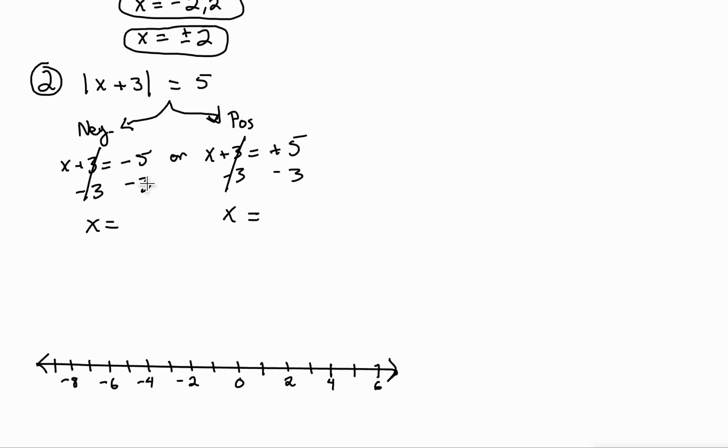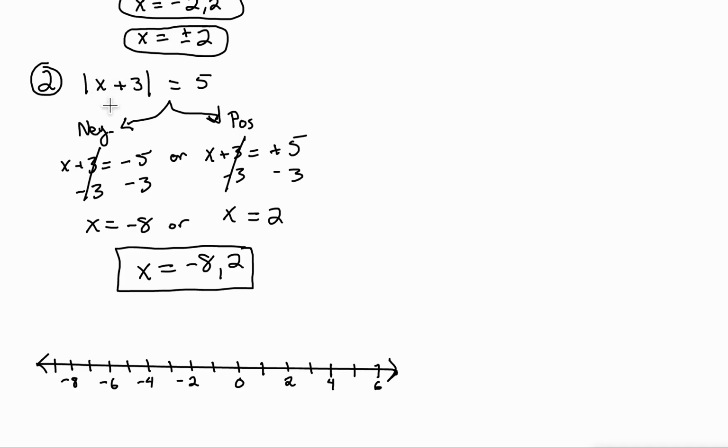Negative 5 minus 3 is negative 8, or 5 minus 3 is 2. So our solutions are x equals negative 8 or 2.